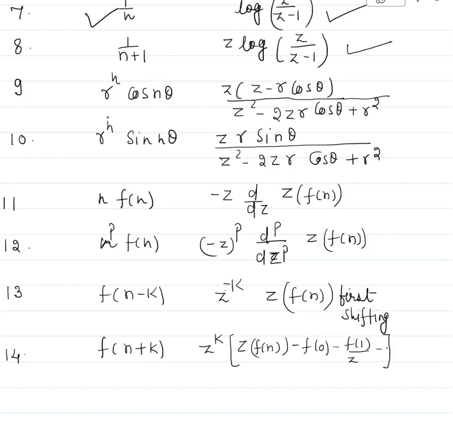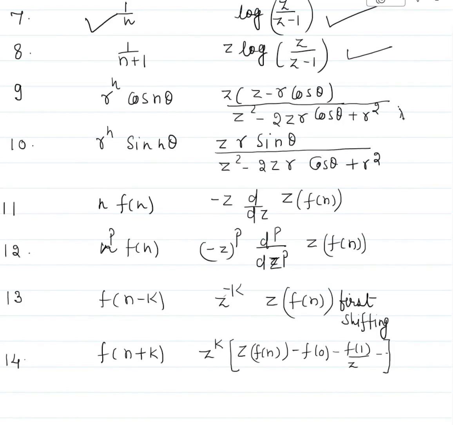If the function of n is in the form r to the power n cos n theta, we will write the z transform of this function as z times (z minus r cos theta) upon z squared minus 2zr cos theta plus r squared. So this is the formula for r to the power n cos n theta.